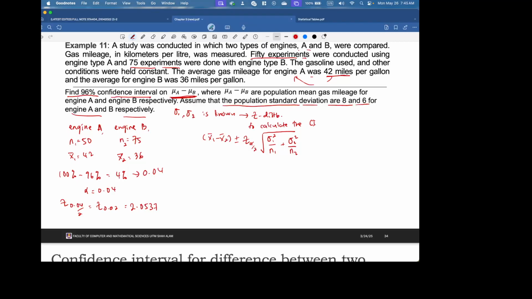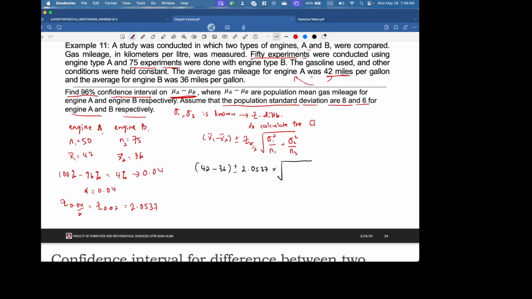Now that we already have the information, transfer it into your formula. x bar 1 minus x bar 2 is 42 minus 36, plus or minus 2.0537 times the square root of, assuming the population standard deviations are 8 and 6.